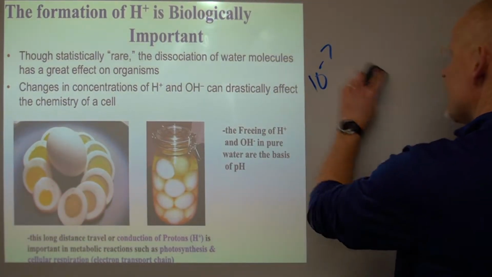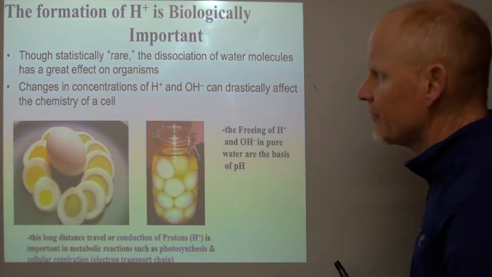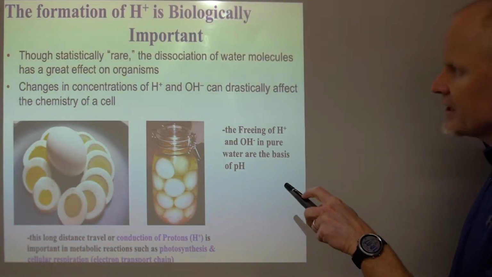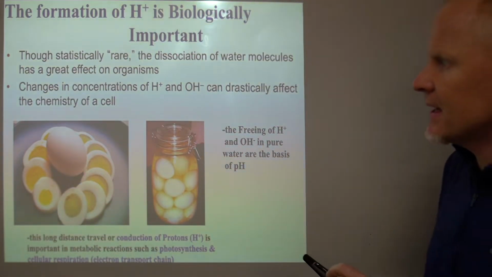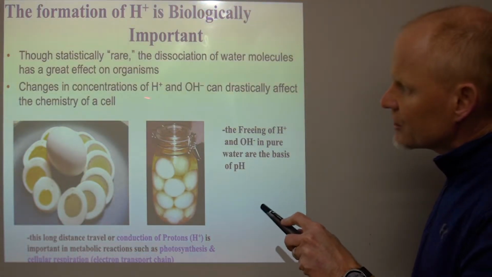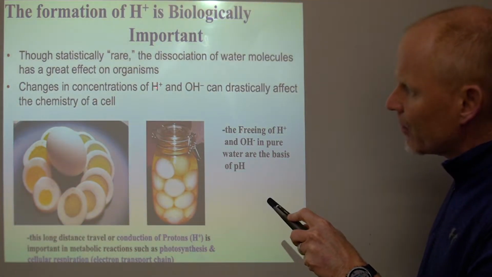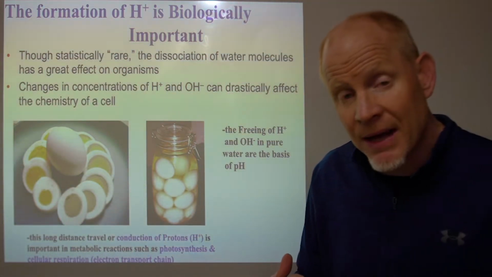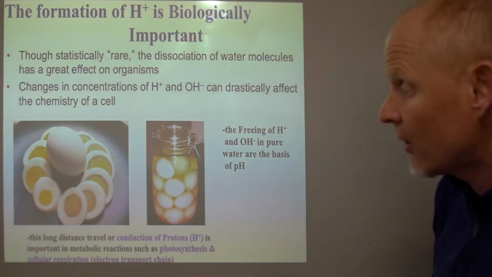So protons and hydroxyl groups become really important in biological situations. Again, this dissociation is statistically rare, but it happens enough to greatly affect organisms. Changes in concentrations of the proton and the hydroxide ion within cells or within different compartments of the body can dramatically affect what we call pH.